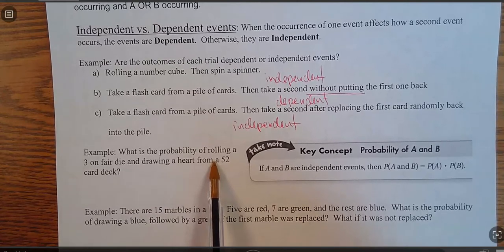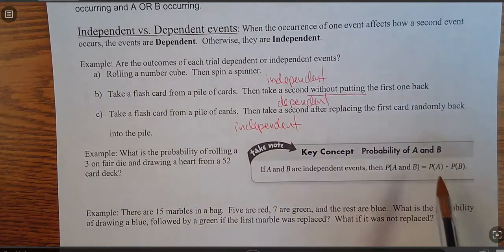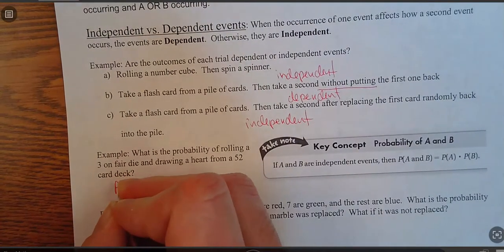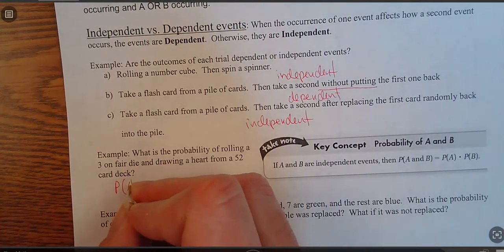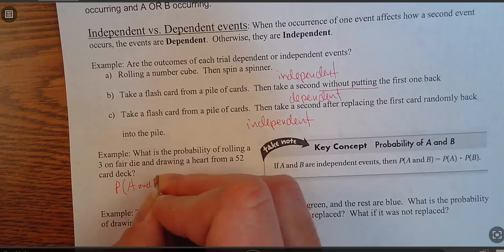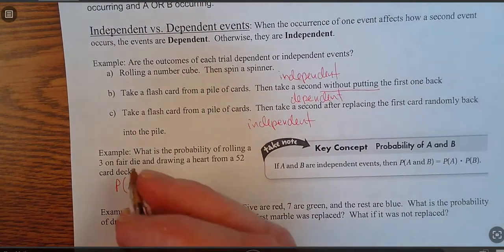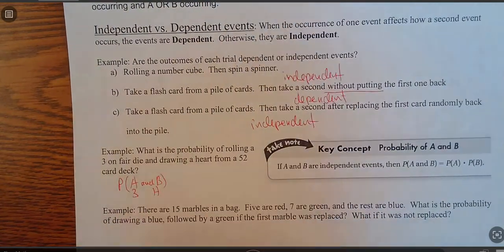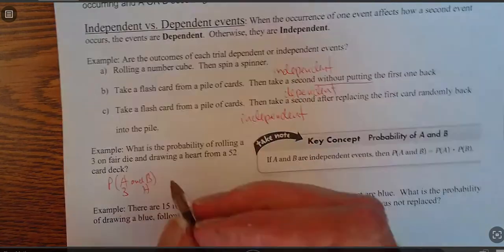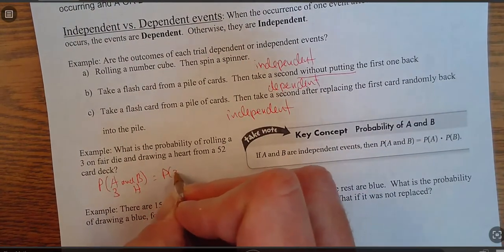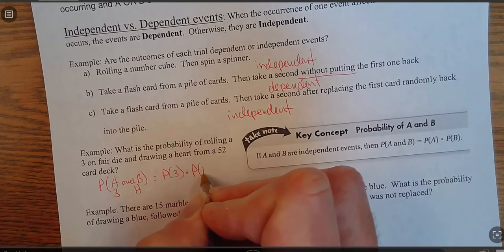No, so they're independent. So the probability of rolling a 3 and getting a heart, I'll put 3 and H in there, is going to be the probability of rolling a 3 times the probability of drawing a heart.